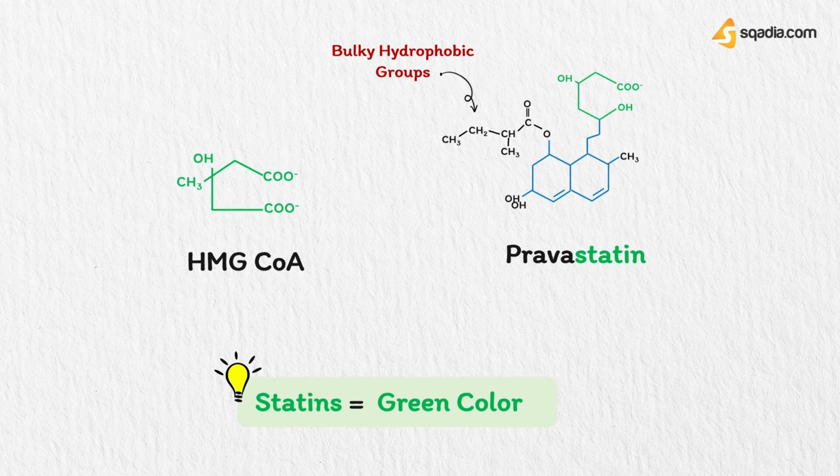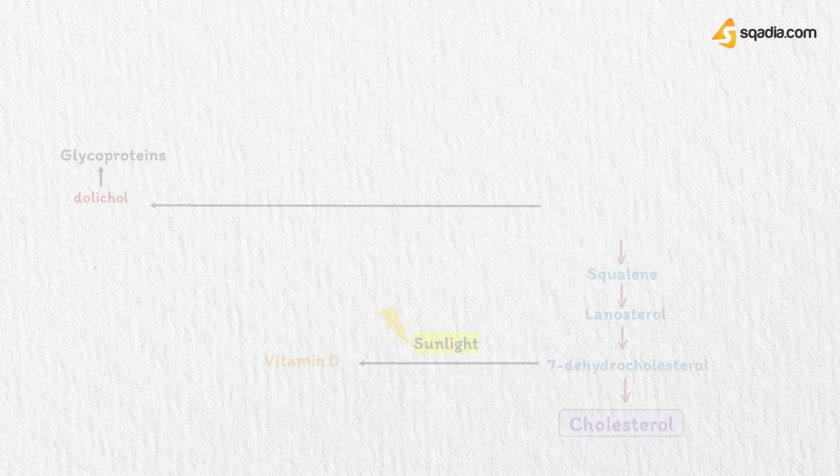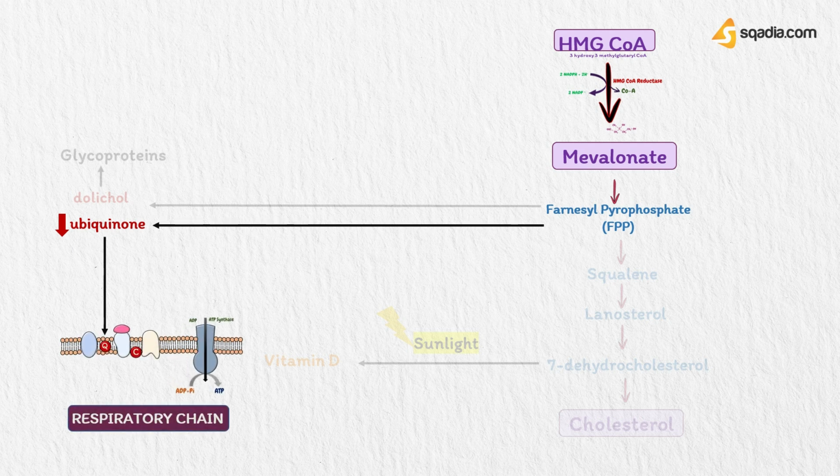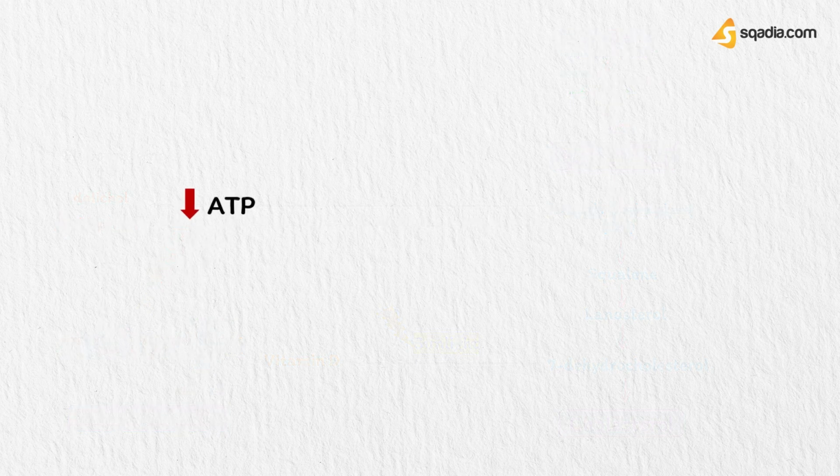Next, we go further. You would be surprised to know that byproducts of mevalonate are also involved in the respiratory chain. The production of farnesyl pyrophosphate, FPP, and its product ubiquinone will be decreased, since ubiquinone is an essential component of the respiratory chain, which is needed for ATP biosynthesis. It is possible that statins could compromise the ATP production needed for energy metabolism in exercising muscle.